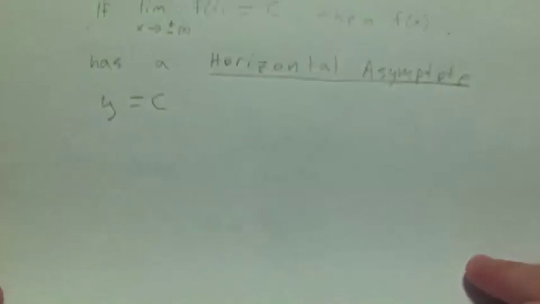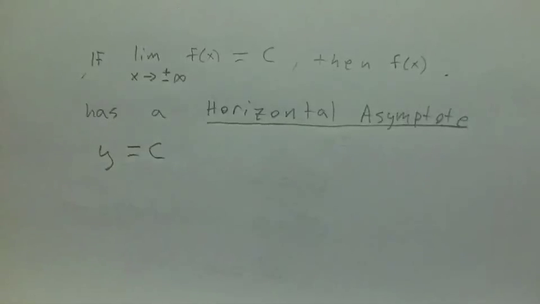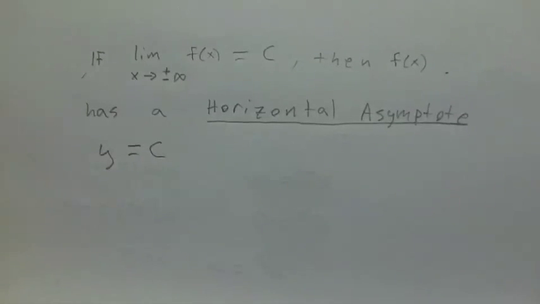All right, I mentioned that word asymptote, and I want to give the official definition of a horizontal asymptote now. Remember, with vertical asymptotes, we use limits to give us the new definition. That was if we took the limit of a function at some value, say a, and we got a blow-up, that limit equaling plus or minus infinity. That gave us a vertical asymptote at x equals a.